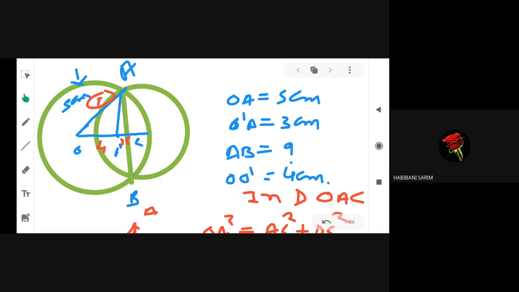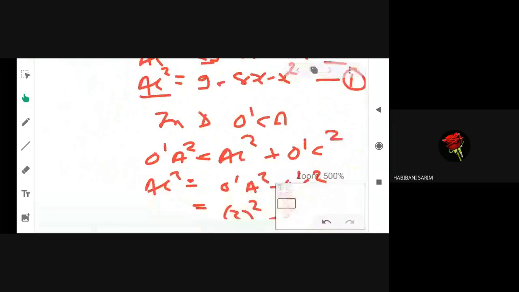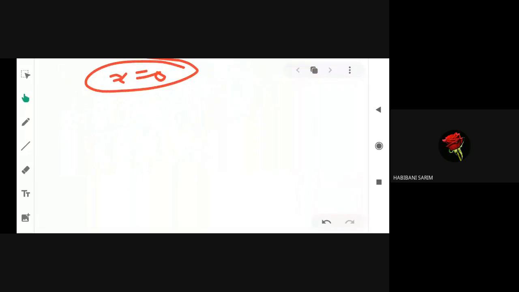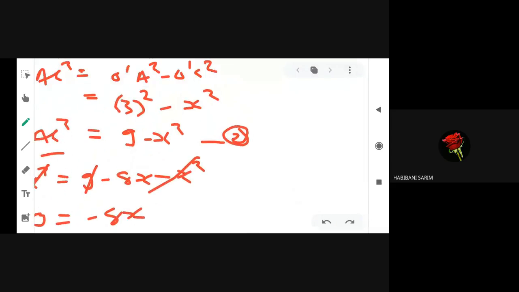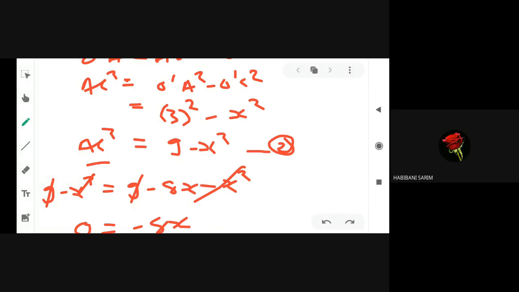Okay, so the value of AC we get at only 3 centimeter, sorry 4 centimeter. Okay, we get x is equal to 0. If you want to put here, you can put this value. Yes or no?